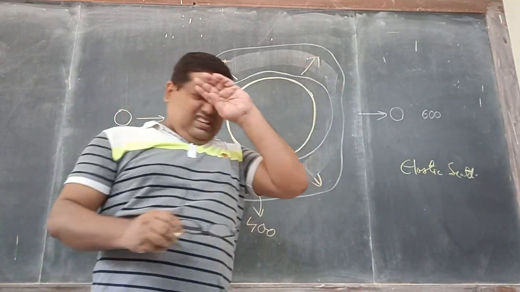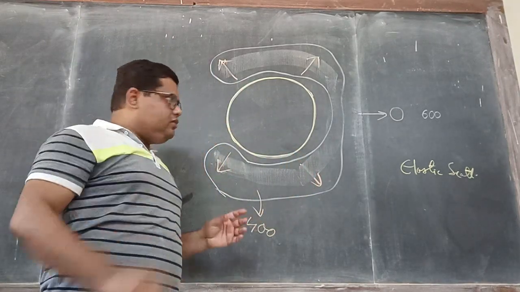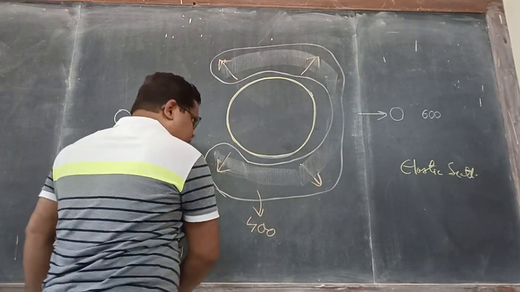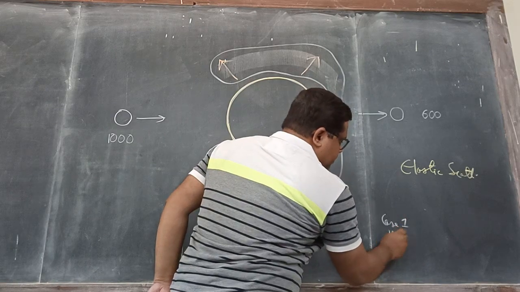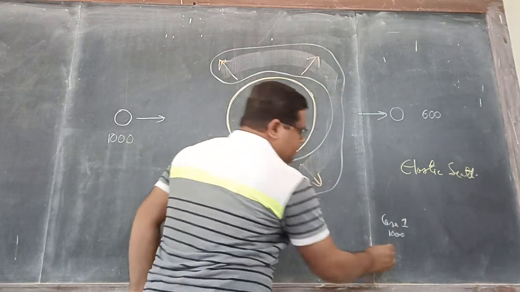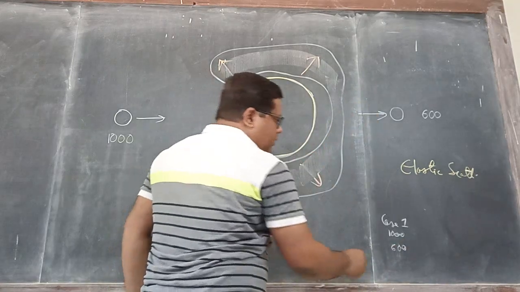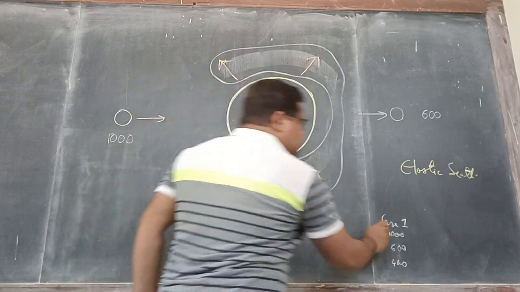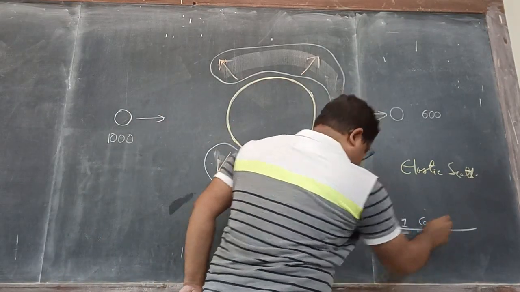Okay. Now, this is one scenario. Let me write it down. Case 1: here 1000 went in, 600 out there, and 400. Next, case 2.